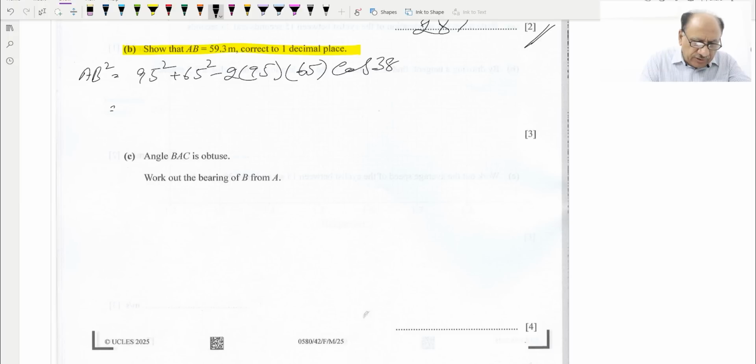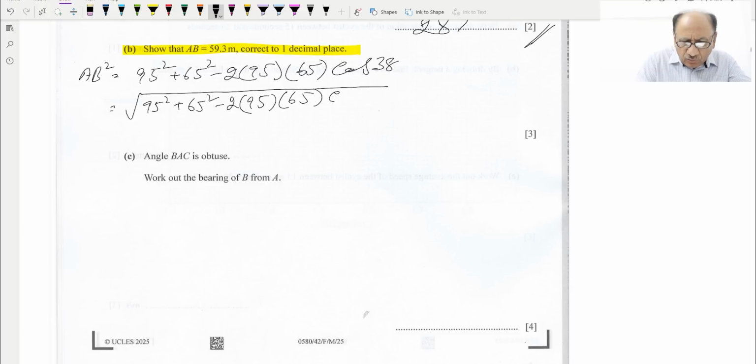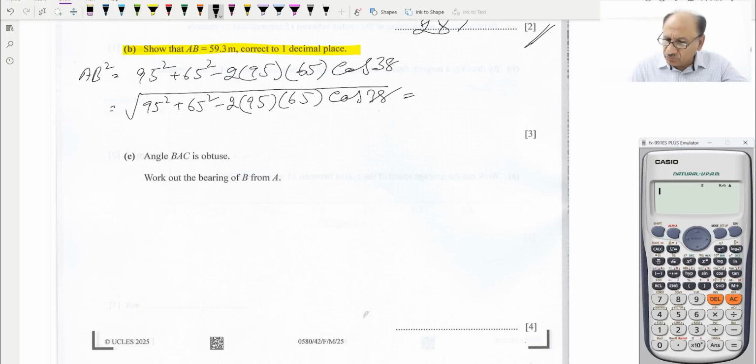Now we need to find AB, so whole thing we will write under root. So square root of 95 square plus 65 square minus 2 into 95 into 65 into cos of 38. For this one we have to use the calculator.